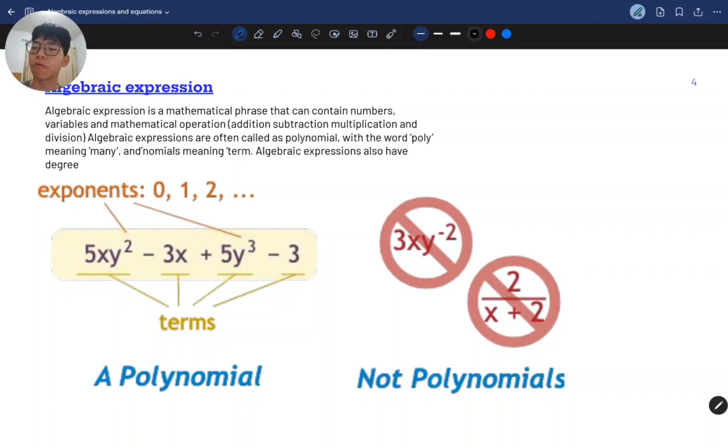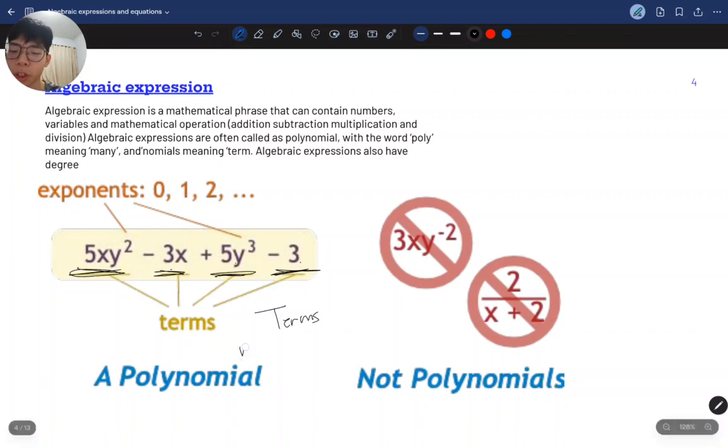What do those things represent? Each of these, 1, 2, 3, 4, are all terms. Each of these are called terms. And when there are multiple terms, we call that a polynomial.